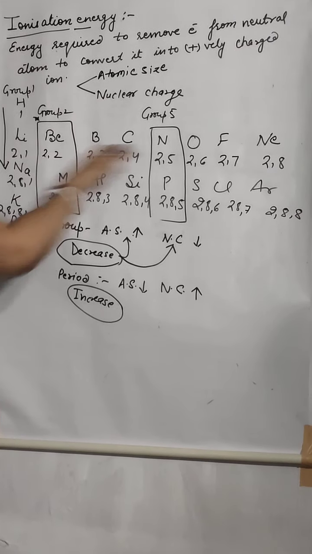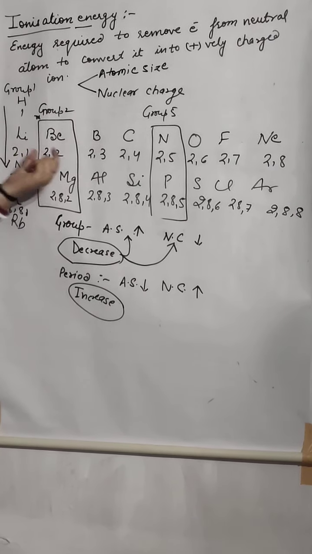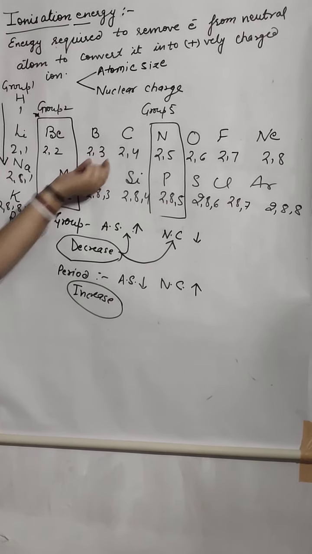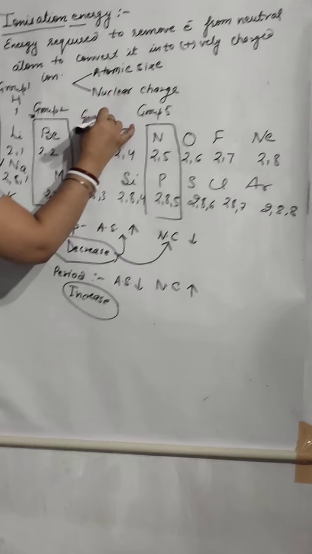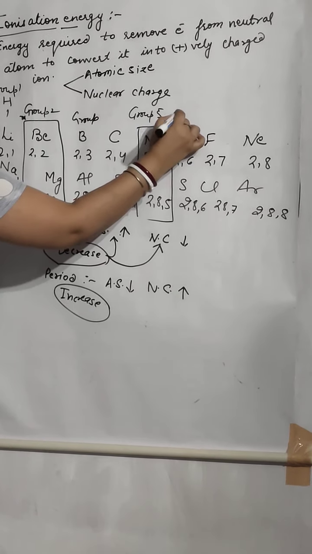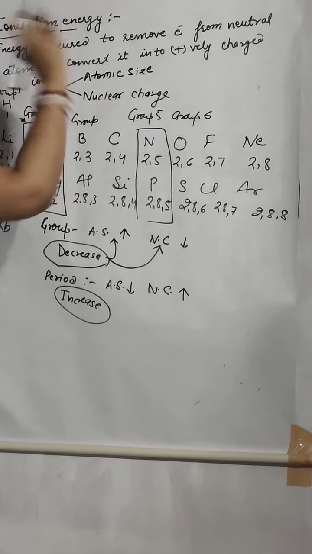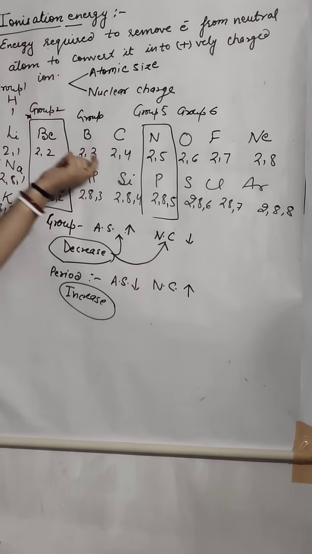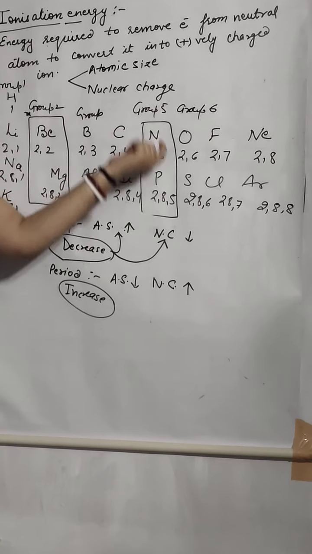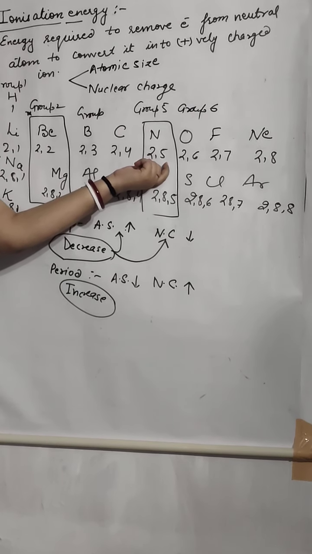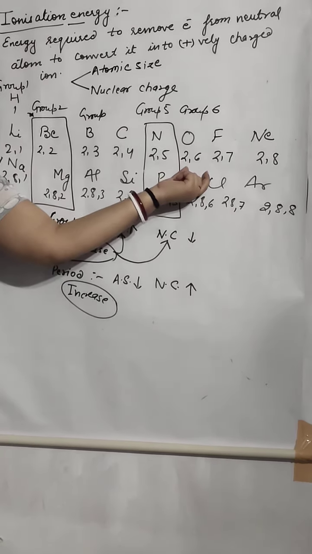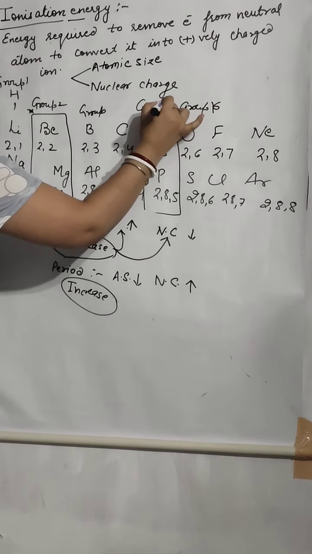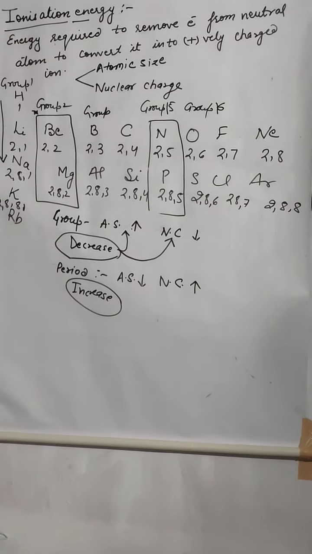Though when you move left to right in a period, their ionization potential should be less than group 3, and group 5 ionization potential should be less than group 6, but they are showing more ionization potential than group 3, and these group 5 elements are showing more ionization potential than group 6. Group 6 we can say group 16, and group 5 we can say group 15.